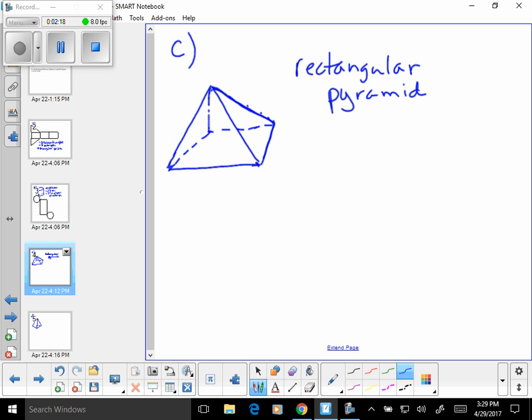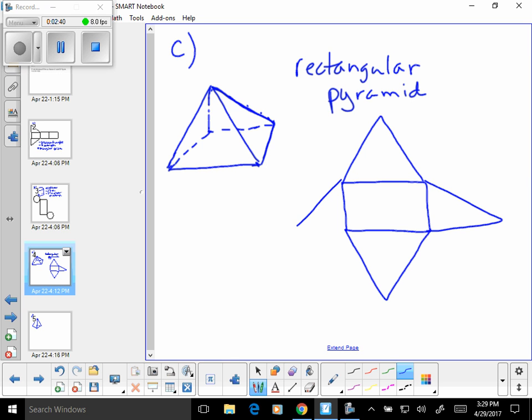And you were able to recognize that because instead of having rectangles for the lateral faces, you see triangles. That means that there is a rectangle for the base, and now we have to account for the fact that there are four triangle lateral faces. So one of the ways to draw that is like so.